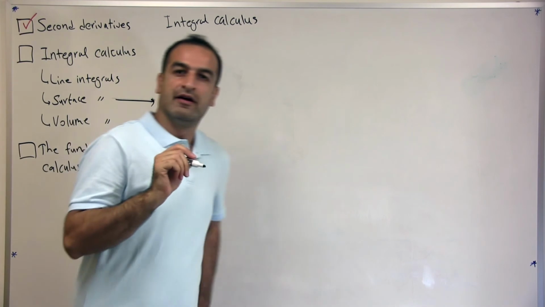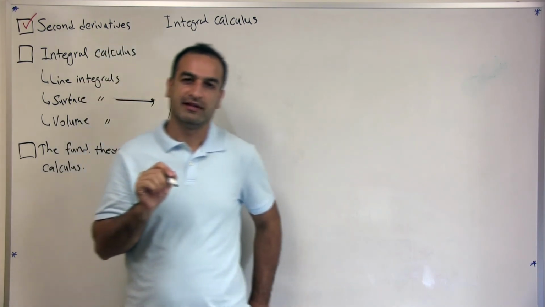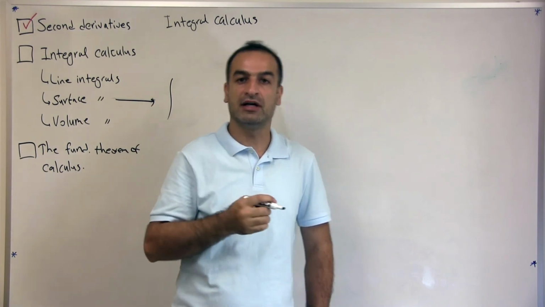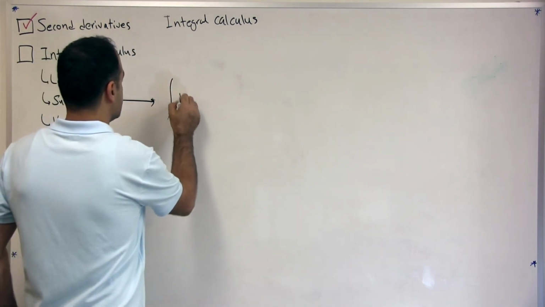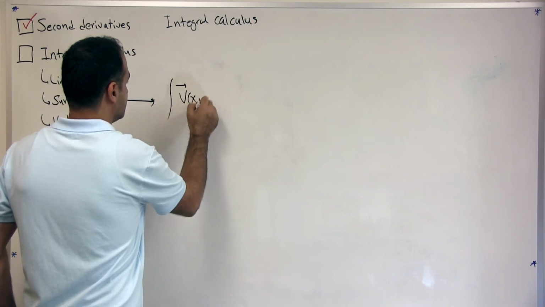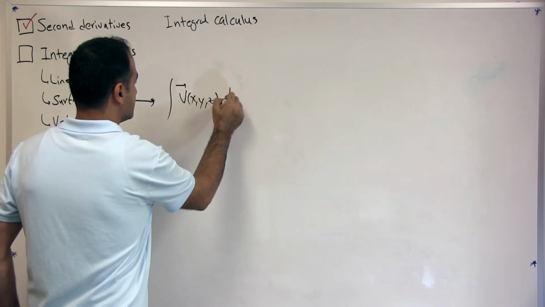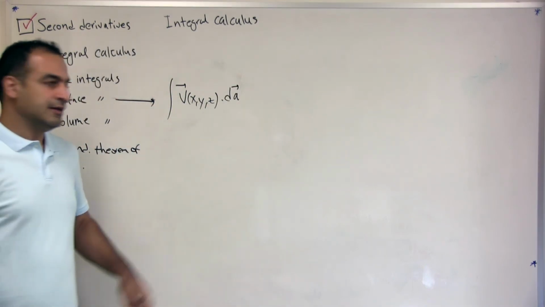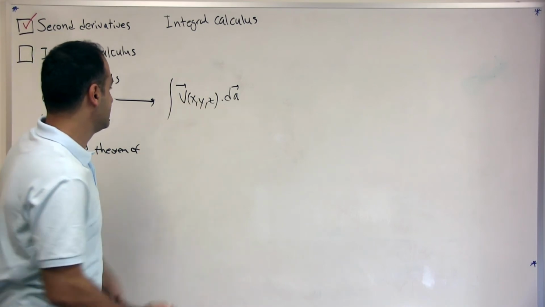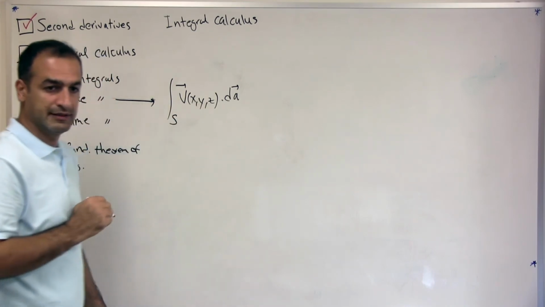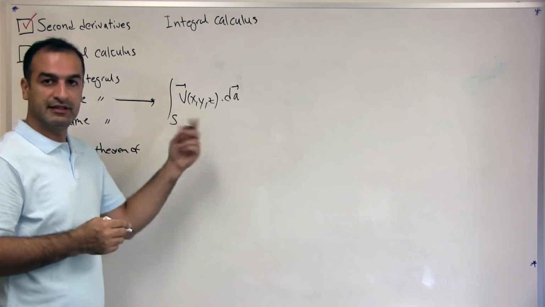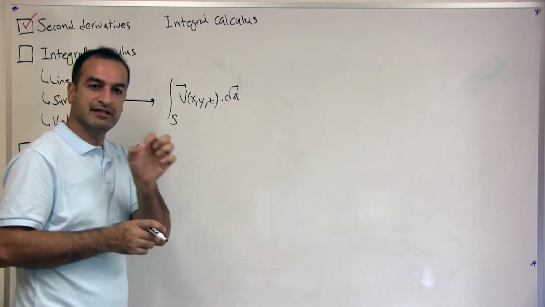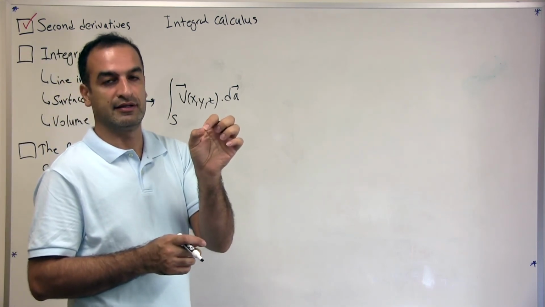We do a vector function and we integrate that over the surface. Okay, and to do that, we again do the dot product. So the basic thing, you do v, which is function of x, y, and z dot dA. Okay, so if we do this, we integrate it over a surface. So v is a vector function, A is a surface, and dA is a very small, infinitesimal surface area.